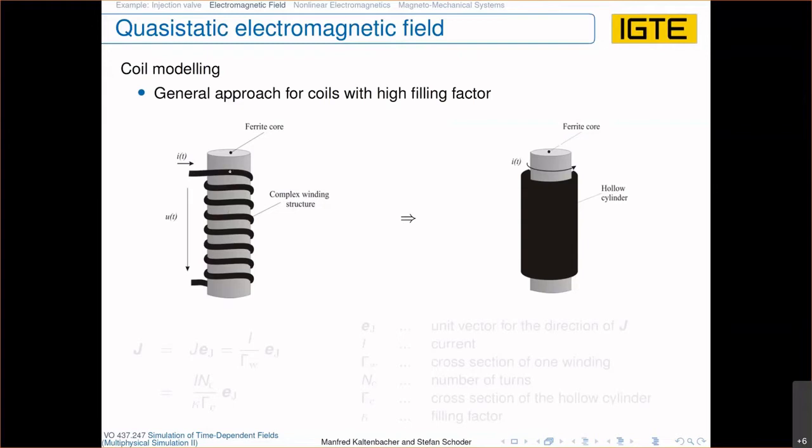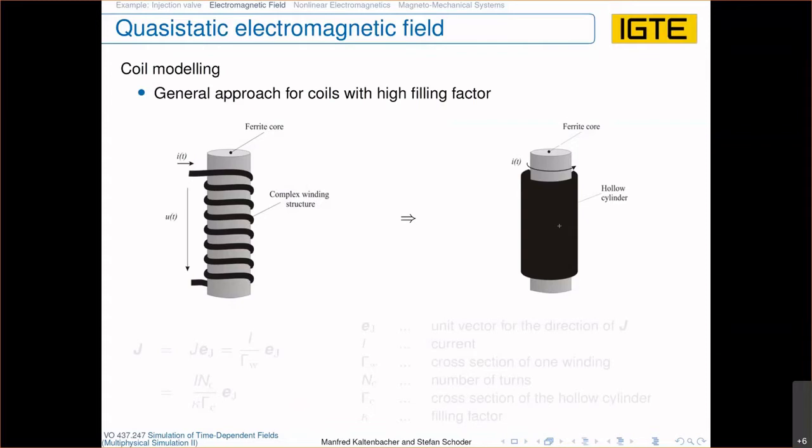However, if you have a high filling factor, meaning that you have a lot of turns around, for example, this ferric core, which makes up your coil, then it is enough to substitute the complex winding structure by a hollow cylinder, and that is then quite easy to model geometrically, and also when you perform the meshing.